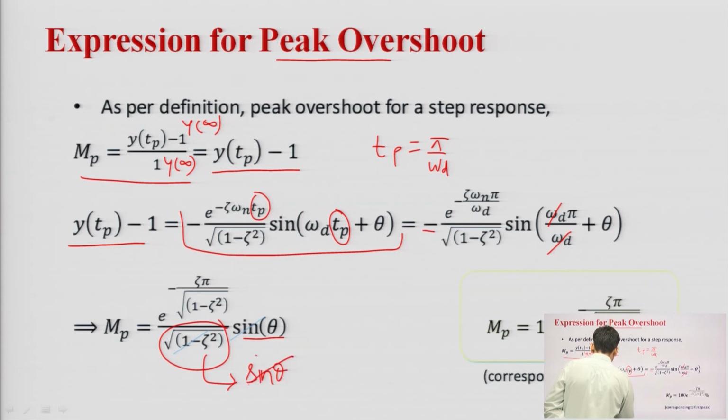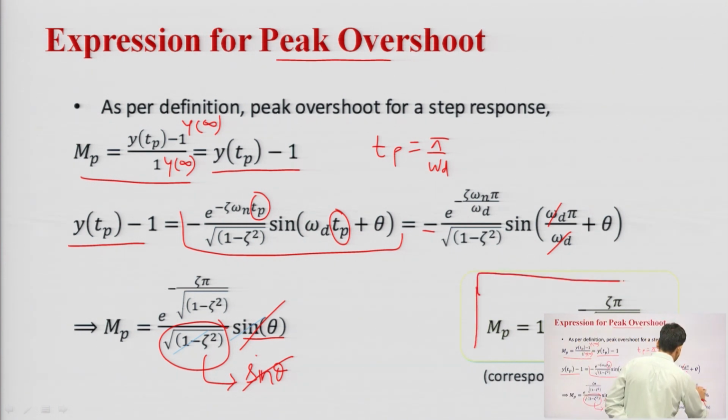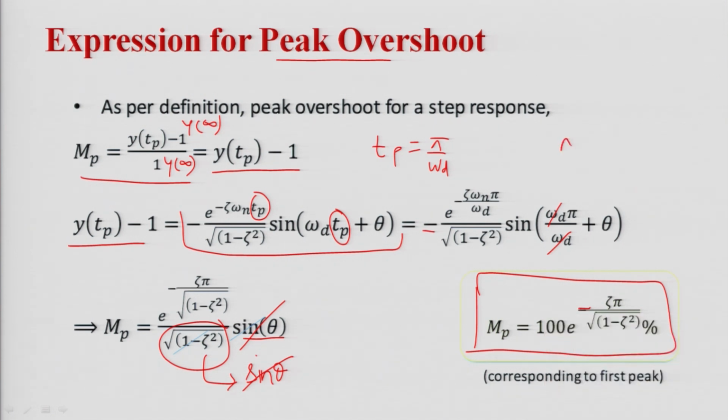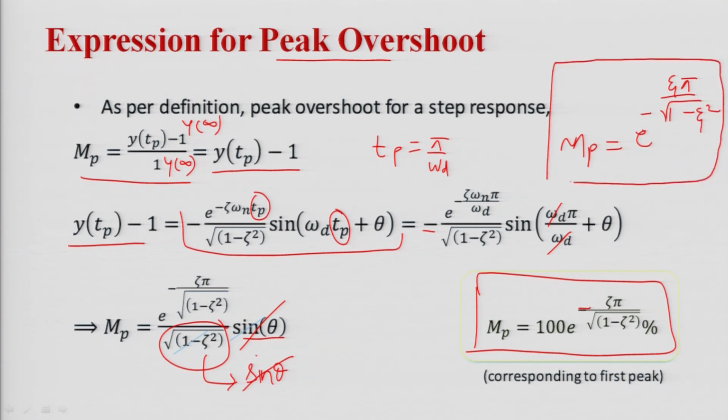So sin theta will cancel out from denominator and numerator. My peak overshoot would be given by this expression in percentage: 100% multiplied by exponential of minus zeta pi over square root of 1 minus zeta square. So this is the expression of peak overshoot, right.